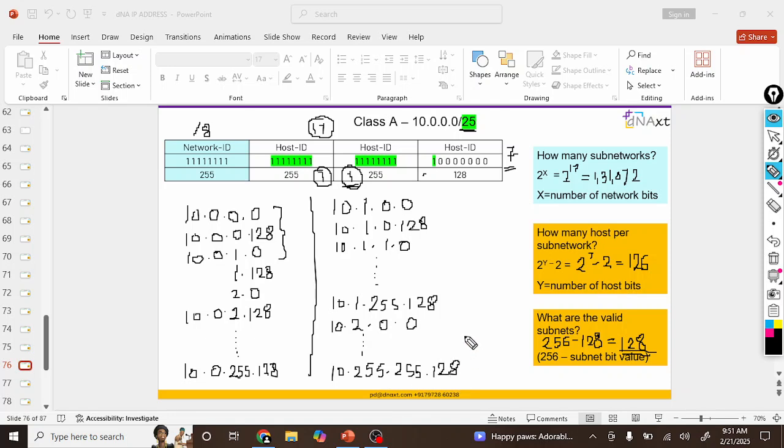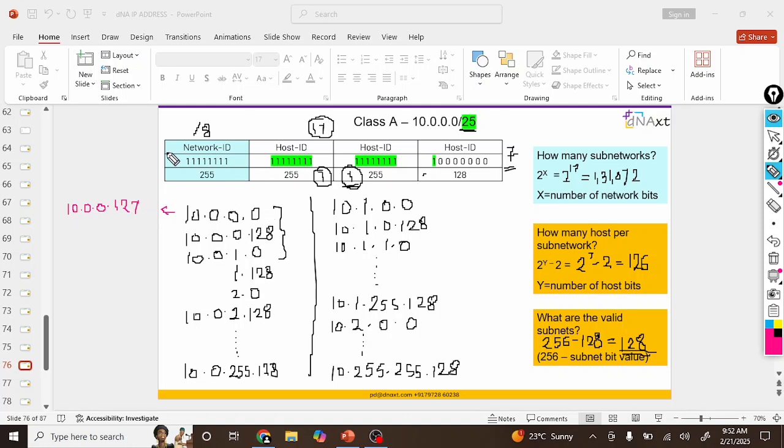The total subnetworks we are going to get is 1,31,072. Let's write down their broadcast IDs. Here the broadcast ID will be 10.0.0.127. The first valid host will be 10.0.0.1 and the last valid host will be 10.0.0.126.